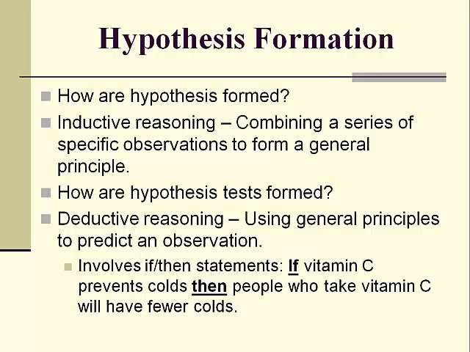And so we can form an if-then statement: if the bright color of males is to attract females, then brightly colored males will attract more females than dull colored males, and we can test that very easily. So deductive reasoning is used to take general principles and predict an observation. Inductive reasoning is used to take a bunch of separate observations and form a general principle.